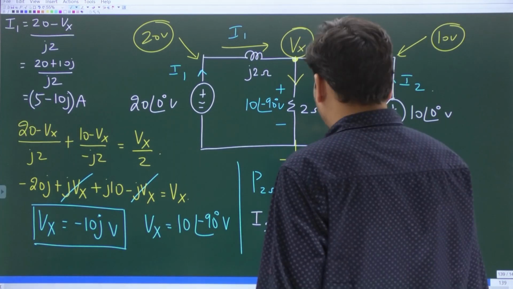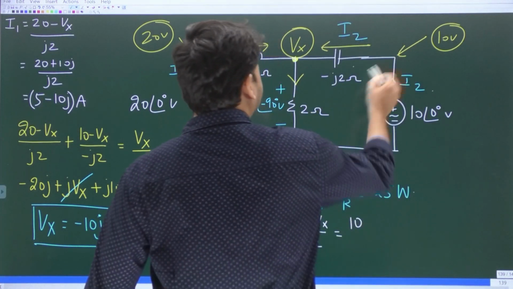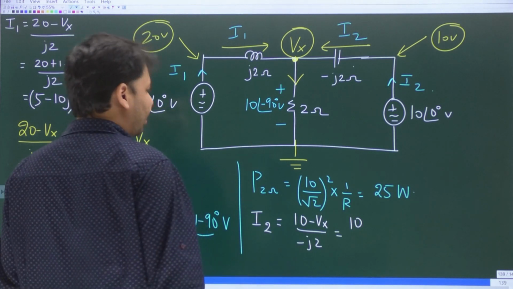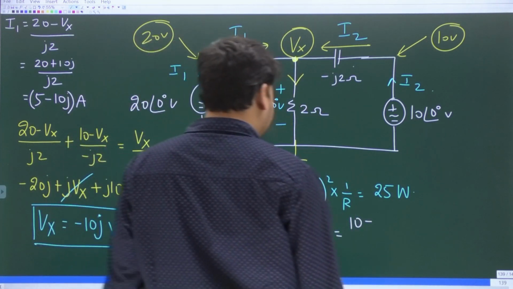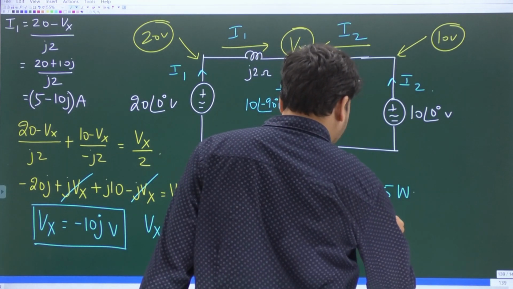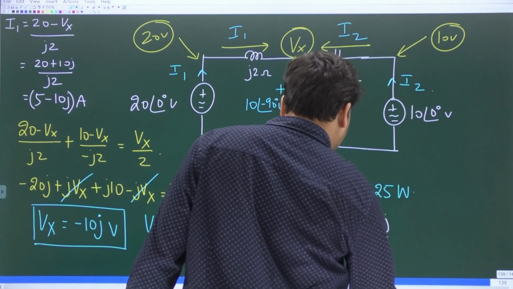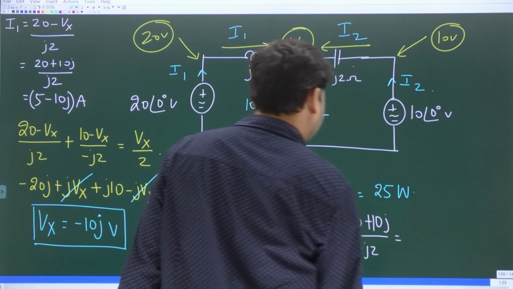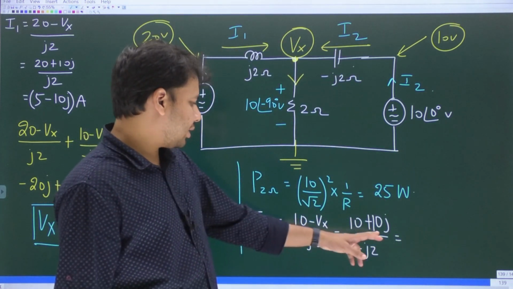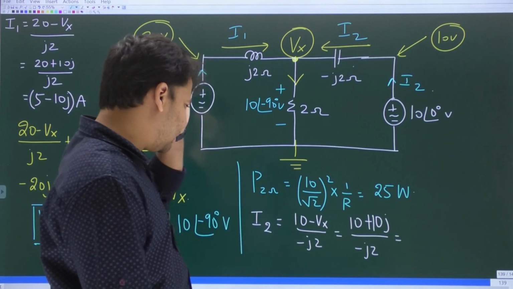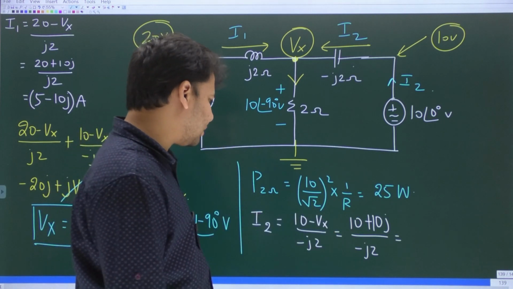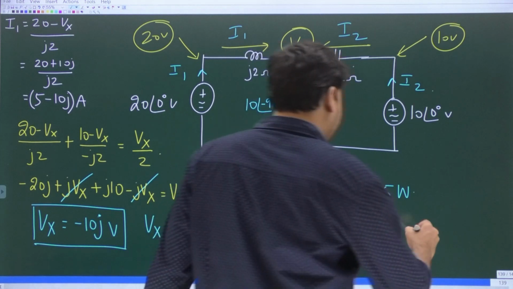In the same way, I2 is this current, 10 minus Vx by minus J2. Vx is minus 10J. So it will be 10 plus 10J divided by minus J2. 10J by minus J2, J and J will get cancelled. 10 by minus 2 is minus 5.